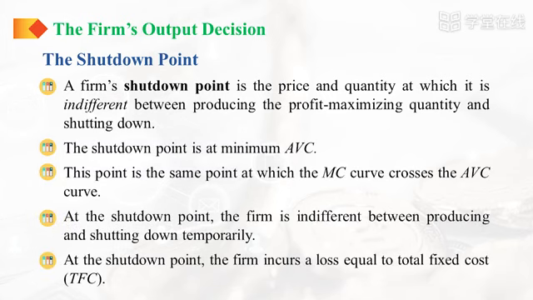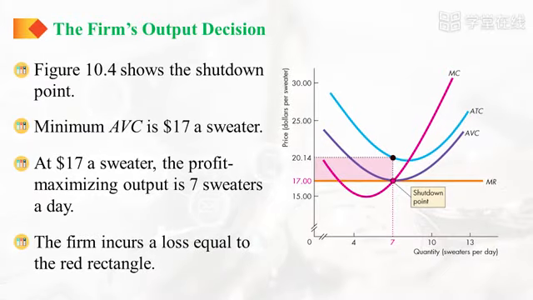Okay? So the shutdown point is at the lowest point of AVC. The point is the same point at which the MC curve crosses the AVC curve. Okay? We are going to see that in the following diagram.